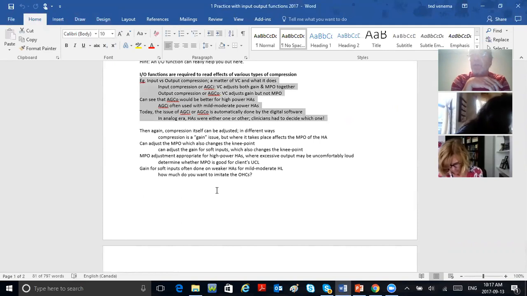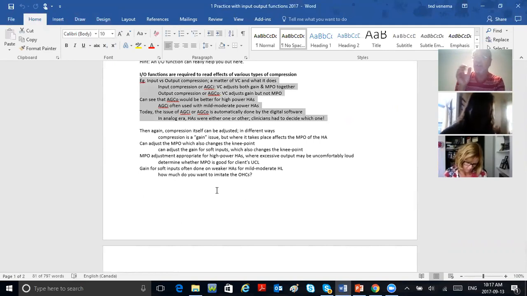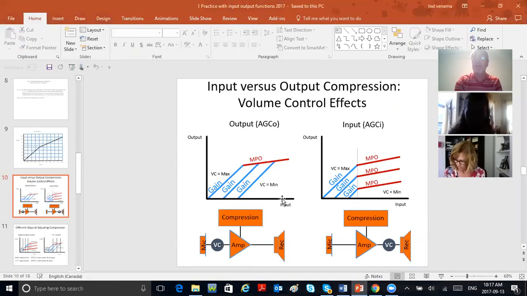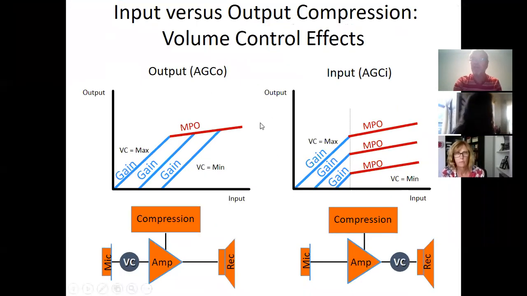Input and output compression used to exist in analog hearing aids. Okay? And basically, what they told you was what the volume control did in the circuit. So when you look at the graph here, at the picture in PowerPoint, this is the story of input versus output compression.